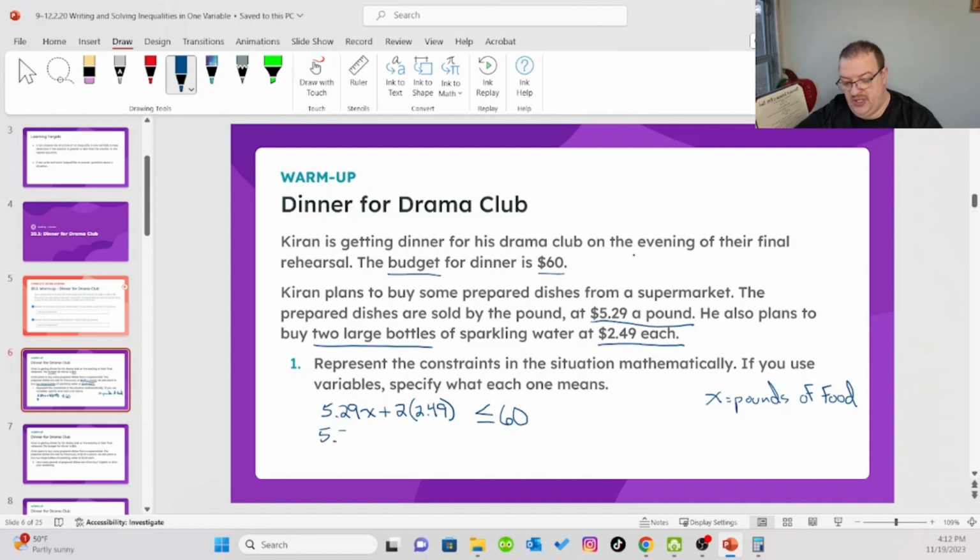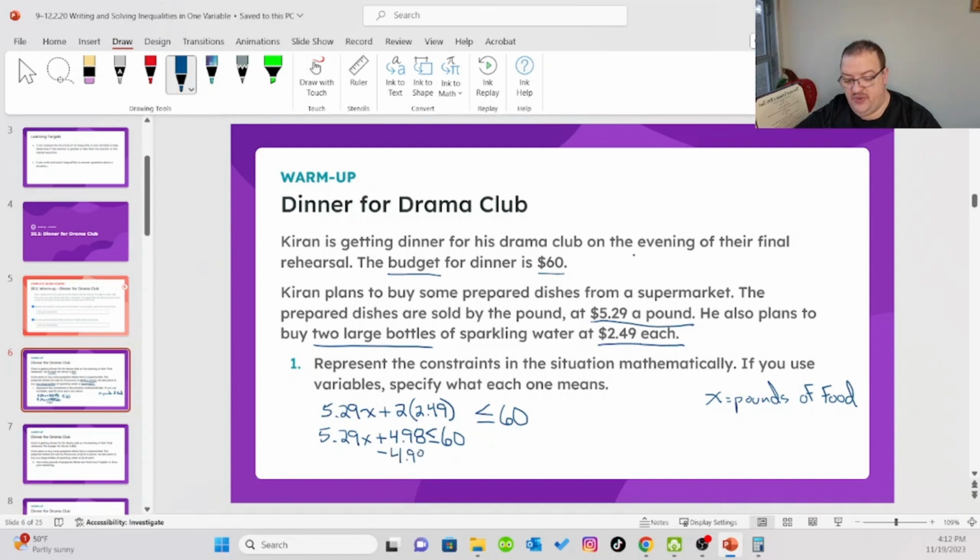So now we can do the multiplication. 2 times $2.49 is $4.98. Next thing we're going to do is subtract the price of the drinks from both sides.